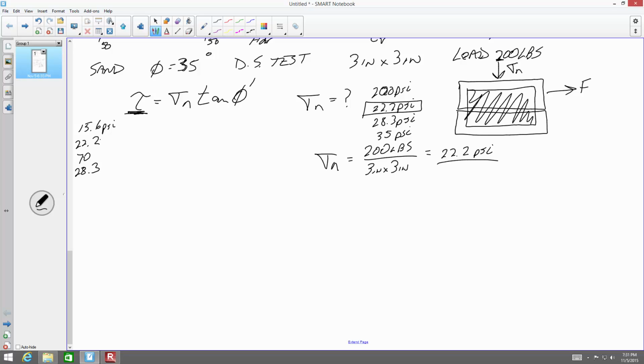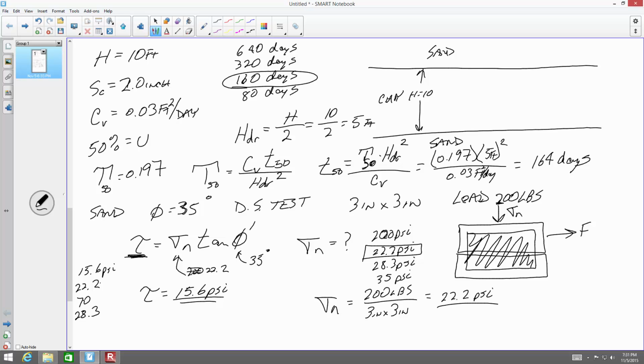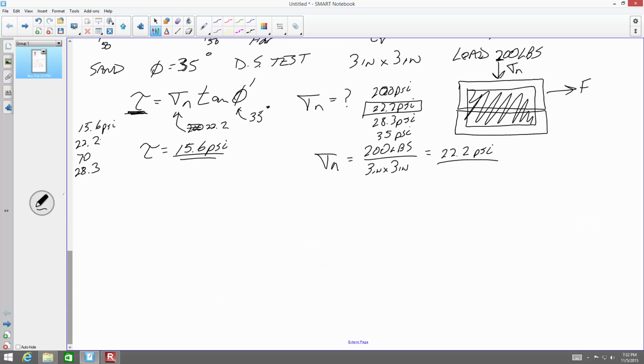So it's wanting to know what the shear stress is. We just calculated what sigma n is, 22.2. It told us what phi equals, 35. Friction angle is 35. It tells you the shear stress is 15.6 psi, which was the first answer.